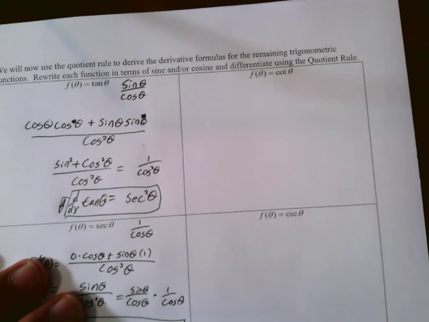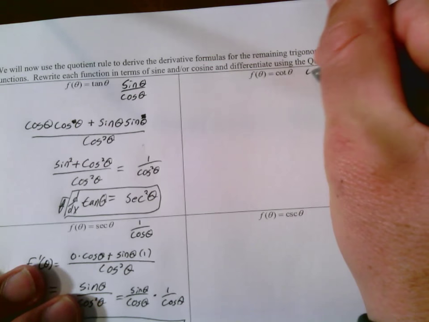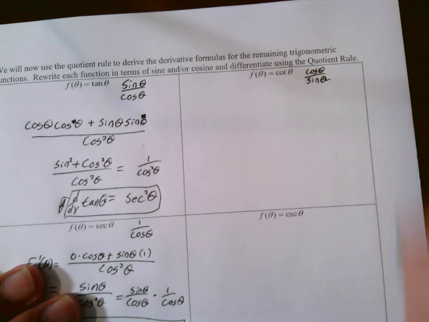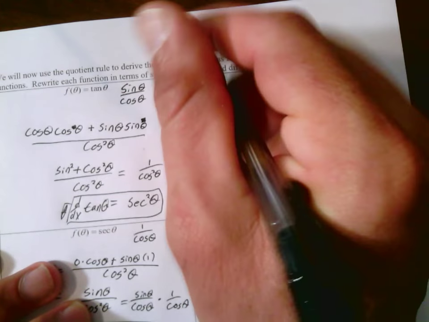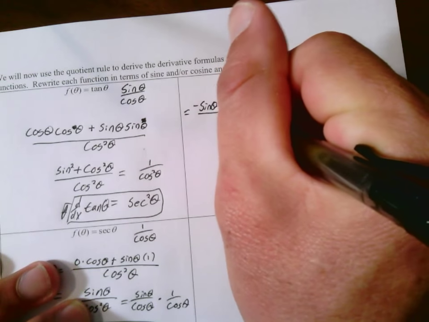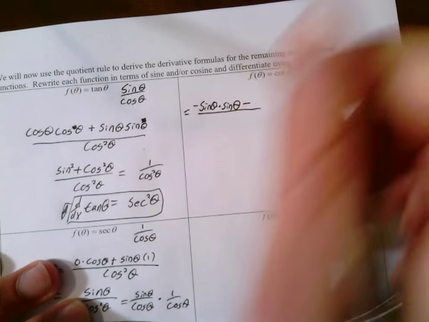Same rules over here. Cotangent is cosine over sine. So the derivative of the numerator, derivative of cosine is minus sine, times the denominator, minus, what's that?